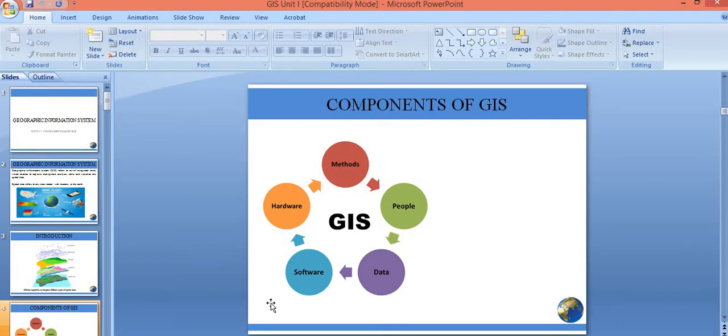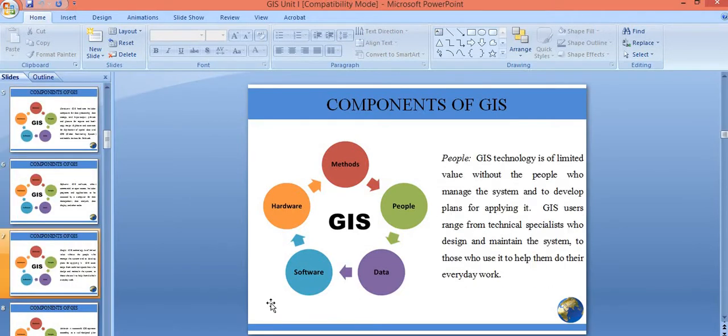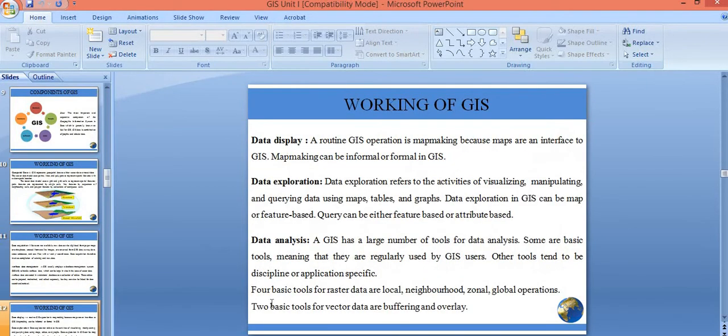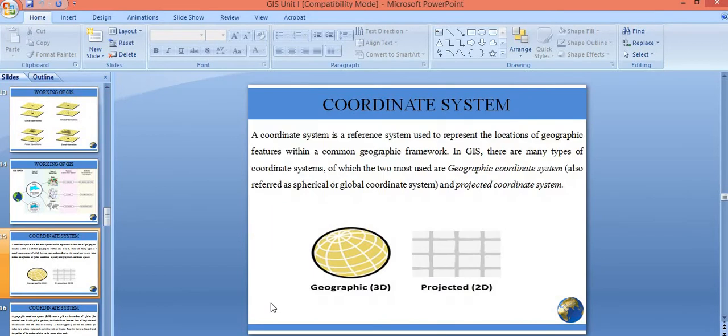Okay. So, the next topic is coordinate system. So, coordinate system is nothing but a reference system using which we can locate every location in a common framework.